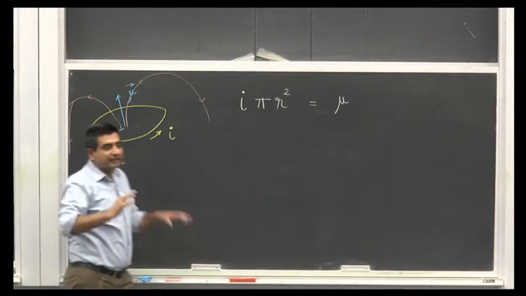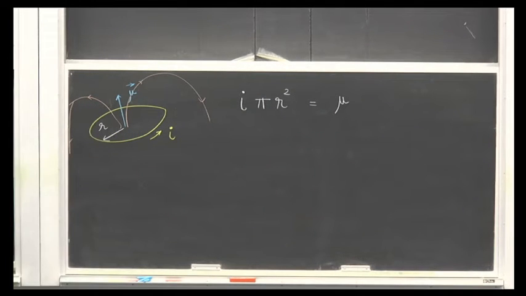The strength of the magnetic moment is I multiplied by the area enclosed by the moving charge. Alright? Yes.